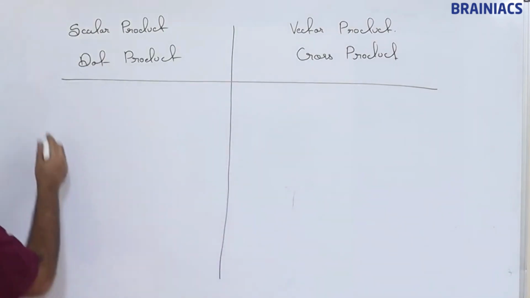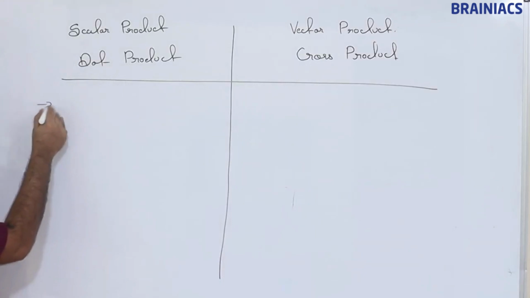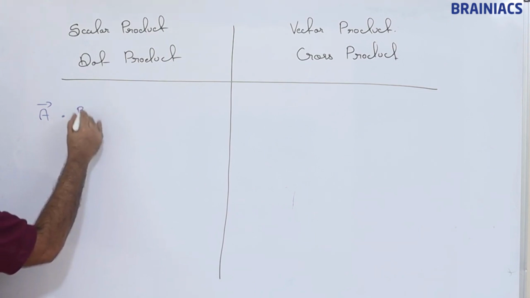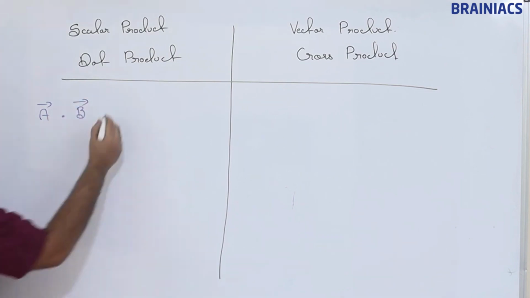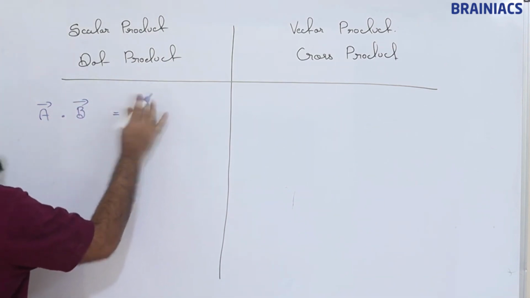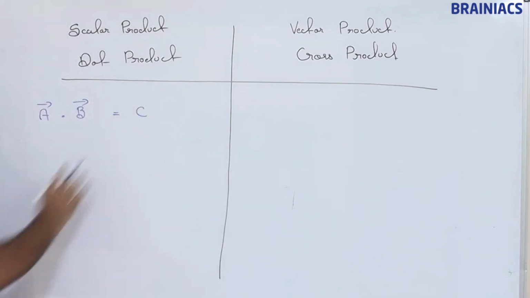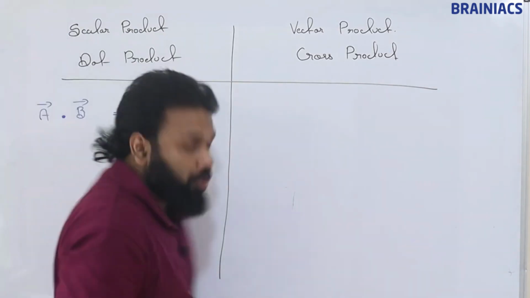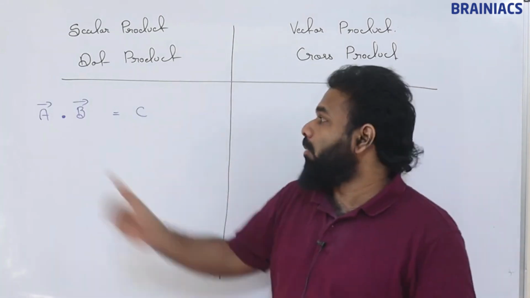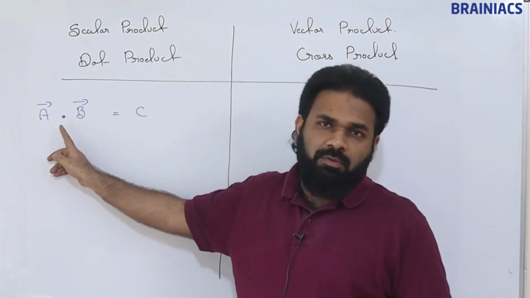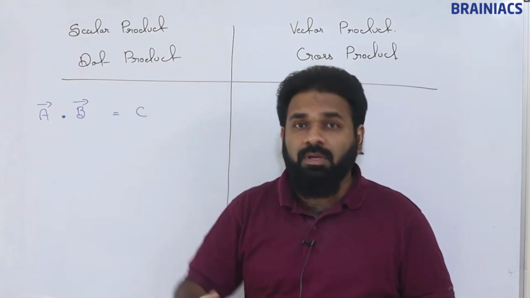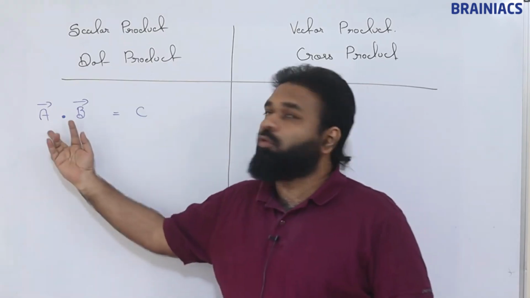So dot product, suppose a vector A is doing dot product with another vector B, the result we are writing as C, which is not a vector, so no need to put an arrow here, and we are using the operator dot. This is not actually multiplication, or we can say we are not using the multiplication operator between two vectors.